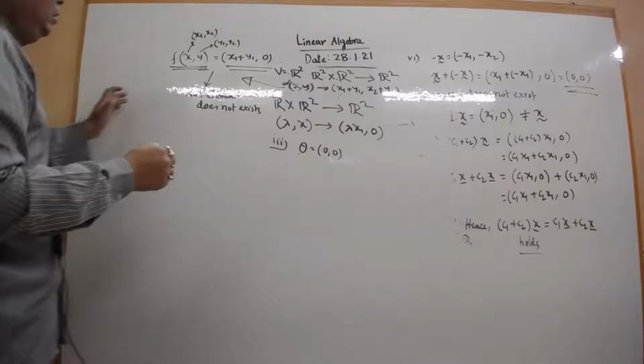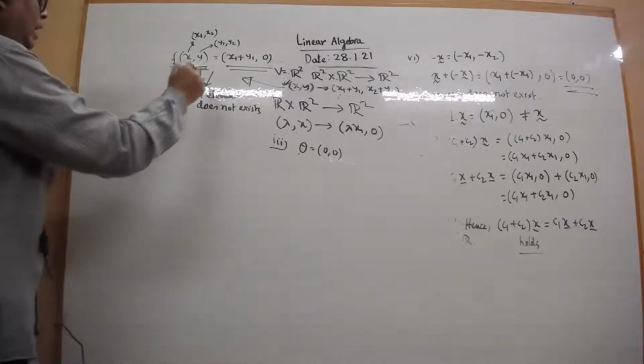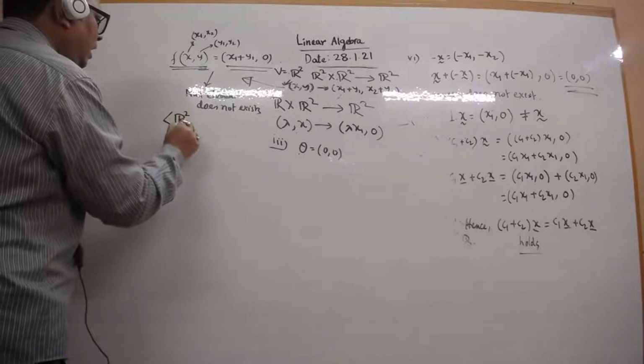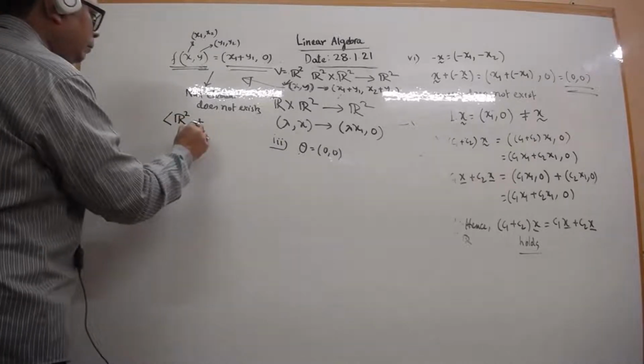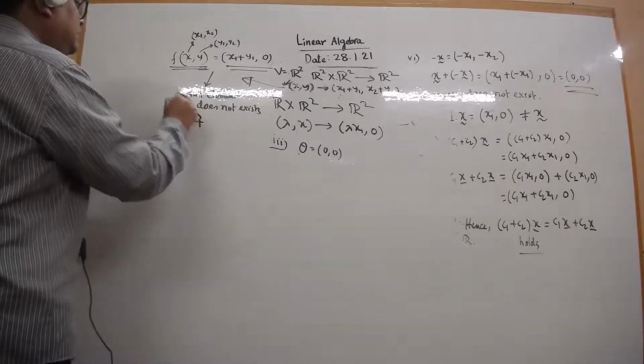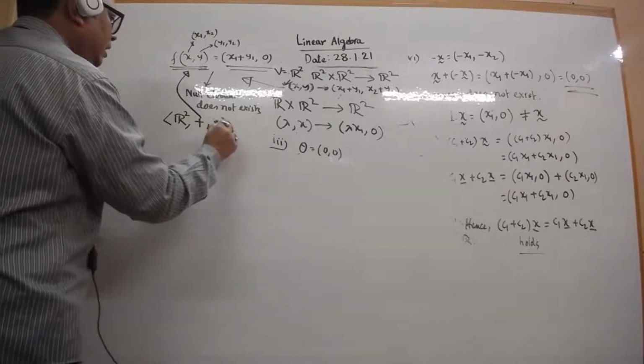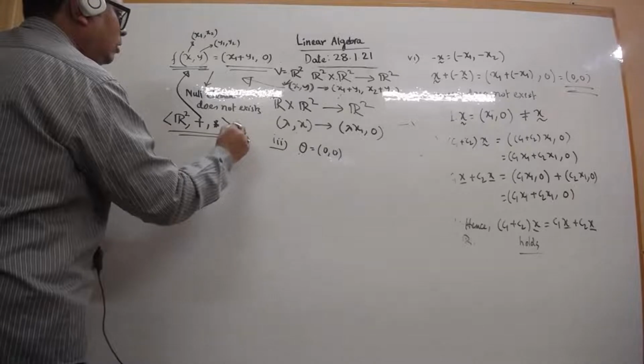So, for this reason, R square with this plus defined as follows is not a vector space.